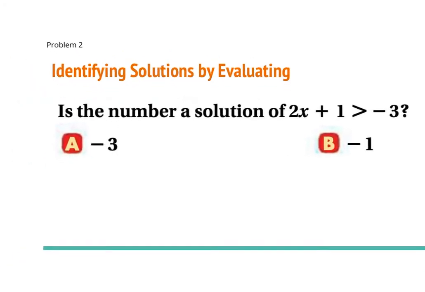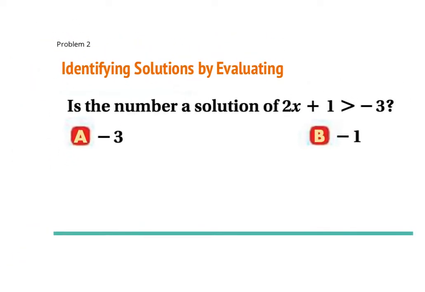Okay? Is the number -3 a solution of 2x plus 1 greater than -3? This is what we call identifying solutions by evaluating. So what we do is we take this number, which is -3, and we have to test it in our inequality. So we're just going to plug it in for x. So in this case, this -3 gets substituted for x, and we're going to get 2 times -3 plus 1 is greater than -3.